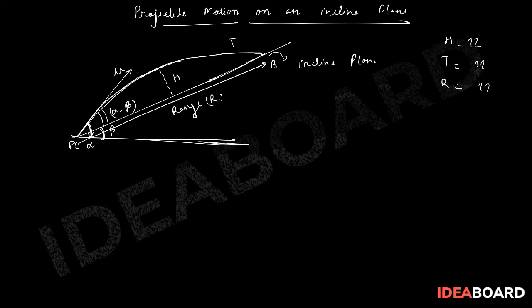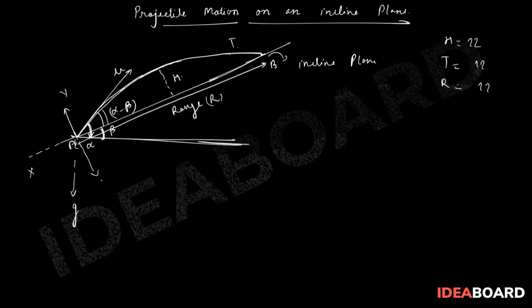Now I can select the axes. One is along the incline, this is my x axis this time, and perpendicular to it is my y axis. As this angle is beta, what will this angle be? This is g.